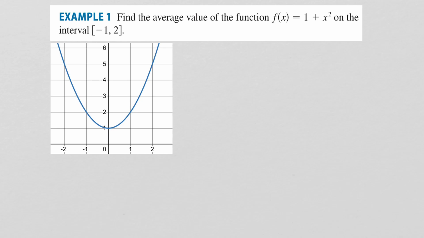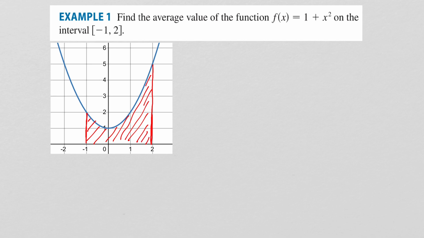Find the average value of the function f of x equals 1 plus x squared on the interval from -1 to +2. First, let's look at what we're talking about here. x equals -1 is right here. x equals +2 is right here. We can see that there is an area under the curve on this particular interval.